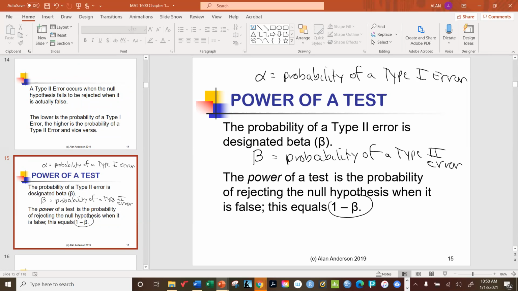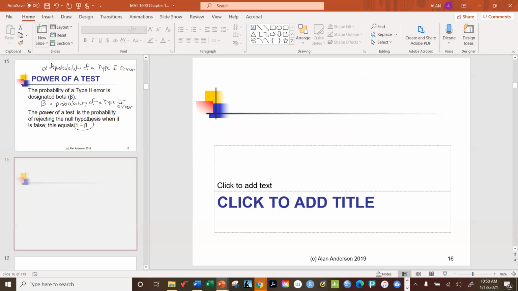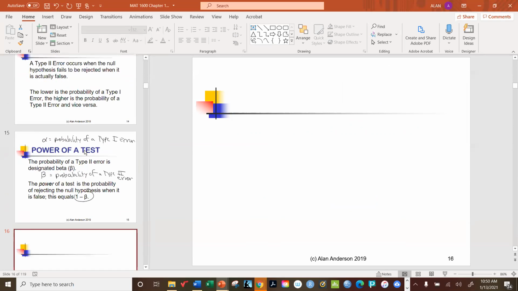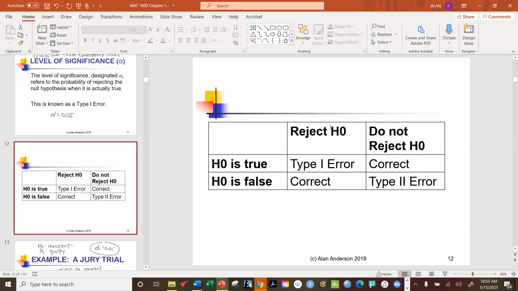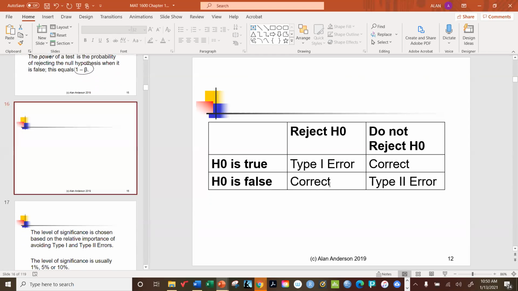In fact, you know what we could do here? Let me go back and get my chart. I like this idea. This chart, what we can do is add some of these terms to it.